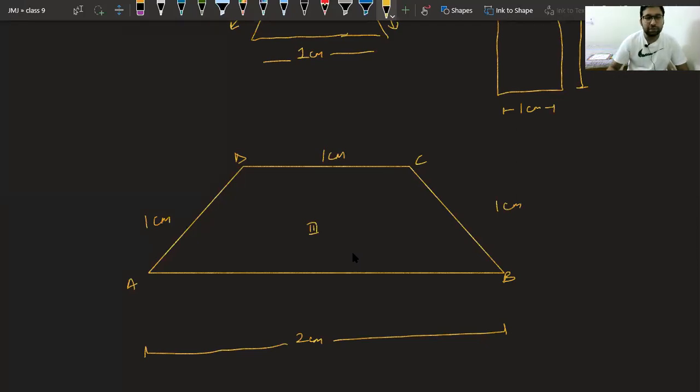Now, class, yesterday also I told you the formula for the area of a trapezium is half into height into sum of parallel sides. If you observe, you have the sum of parallel sides 2 and 1, so you can get this part 2 plus 1 easily. But the problem is this height. We don't have this height, and there is no way right now to find the height.